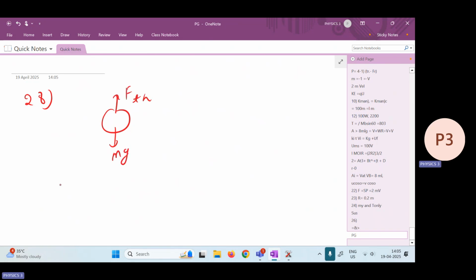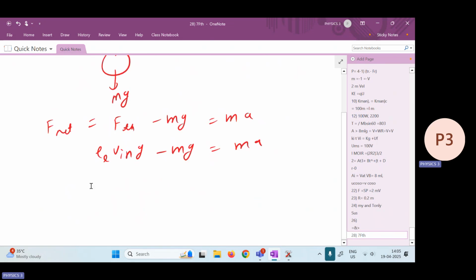And upthrust, if we consider the net force in upward direction, because the density of liquid is greater than the density of body, net force will be in the upward direction, which is F_b minus mg, equals mass into acceleration. That we can write as rho_l into V into g minus mg equals ma. The density of liquid we have given is sigma.